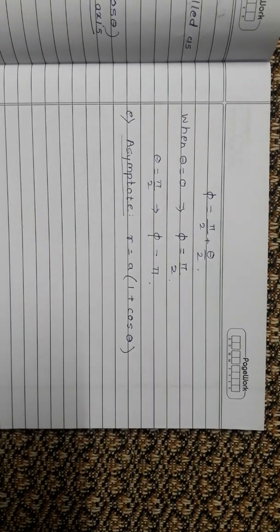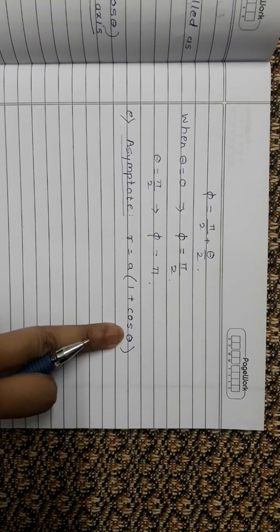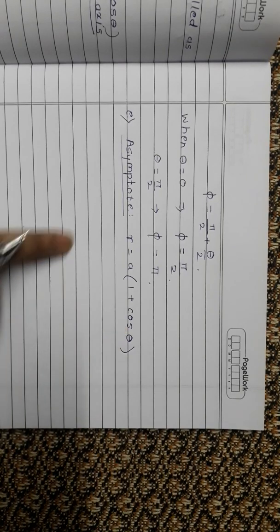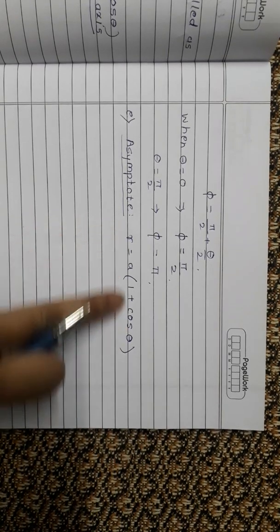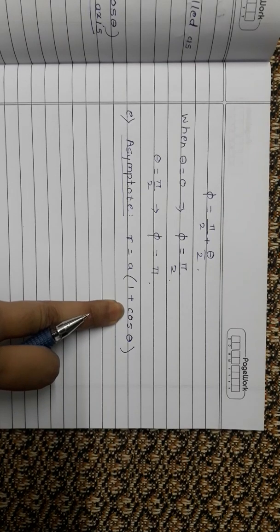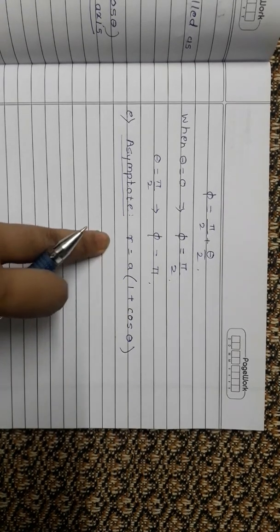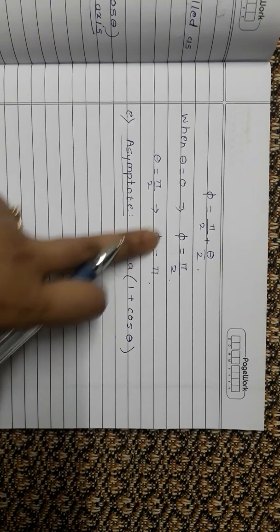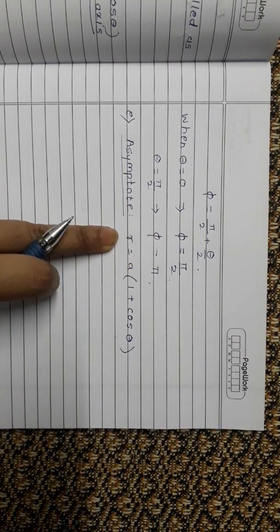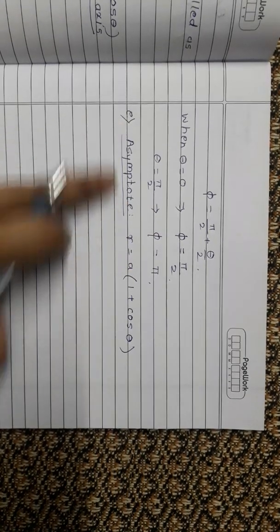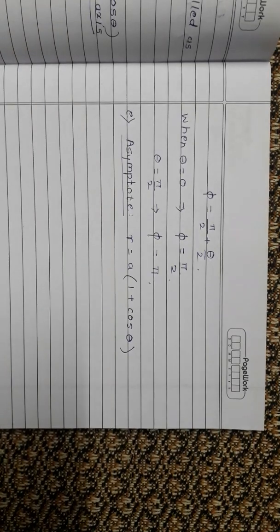And no matter what we substitute for the value of cos theta, we're not going to get infinity anytime, because the cos theta value lies between minus 1 and 1. So I'm going to get a finite value here only, right? So this is not going to be infinite in any case. So that means there is no asymptote for the given curve, right?